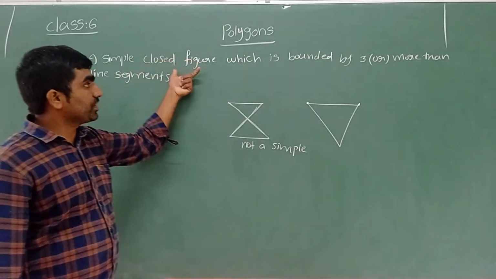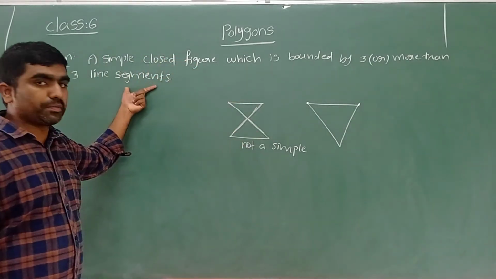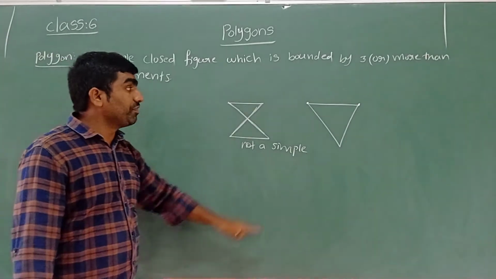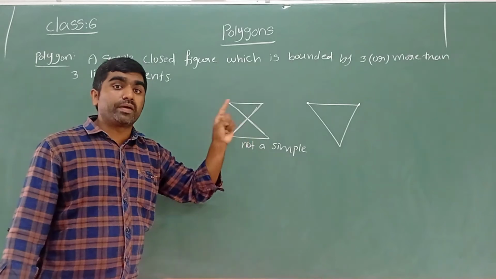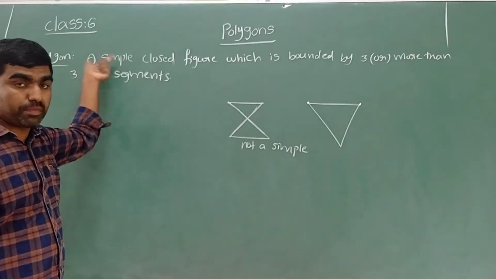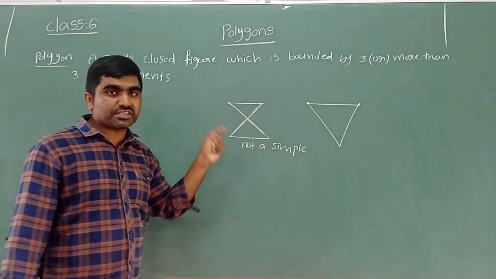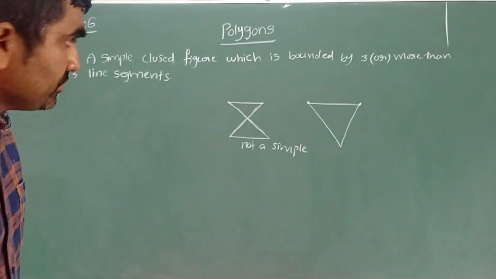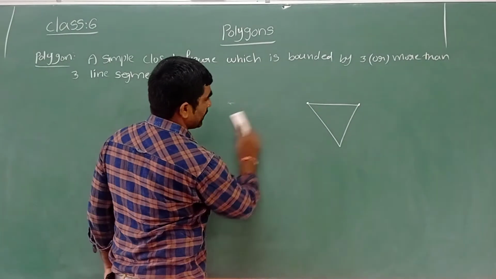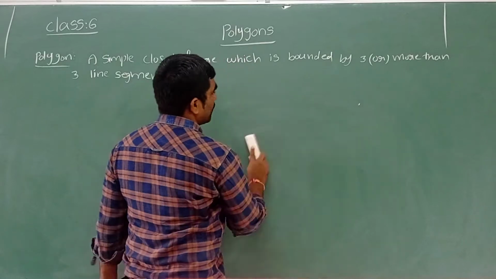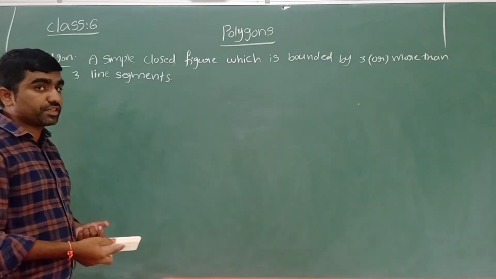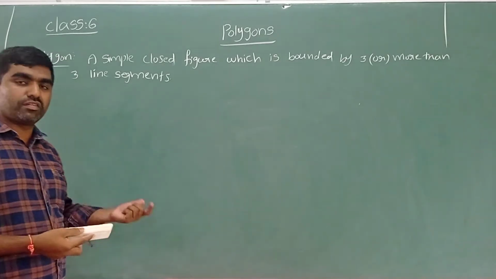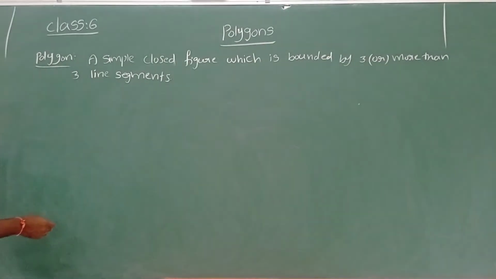So a polygon is a closed figure bounded by three or more than three line segments, and make sure it must be simple, I mean the lines should not cross themselves. Now, based on the number of line segments, based on the sides, we can give names to the polygons.